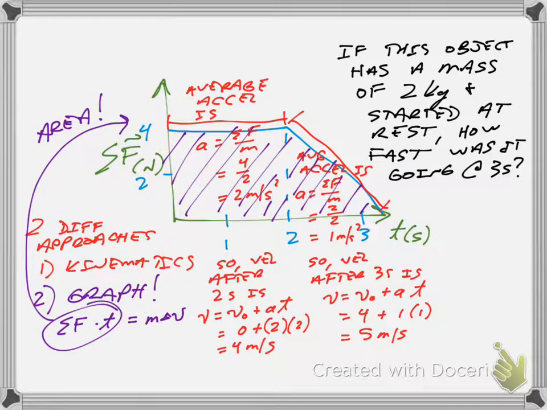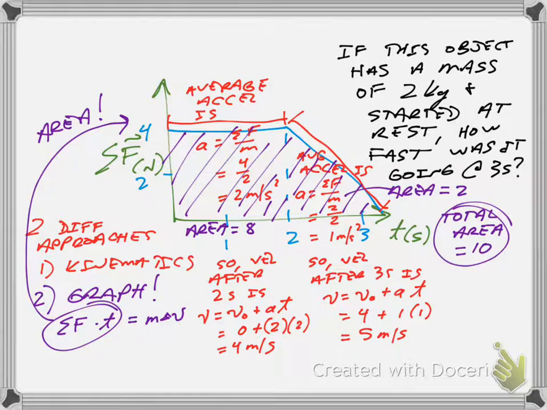So if we calculate the area bound by this curve, we wouldn't have to break it up into 2 steps, and we can do it a lot faster. We can take the area of that entire graph. You've got a rectangle that's 4 by 2, and a triangle that's 4 by 1, for areas of 8 and 2 respectively, for a total area of 10. And that's the left side.